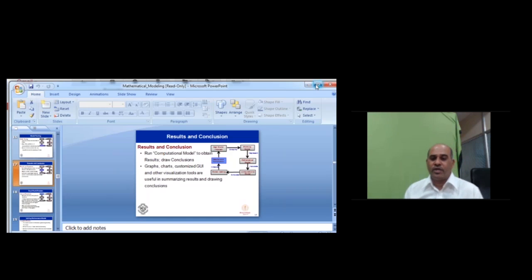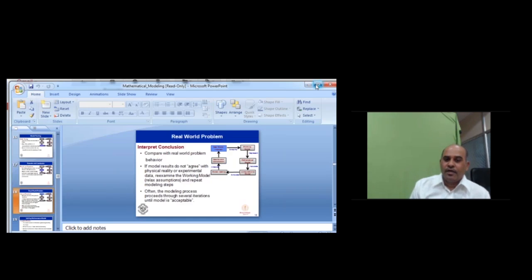After that, you interpret the conclusion and compare with the real world problem, how my boiler is functioning. Once I start my boiler, temperature starts increasing, heat is generated, and it will reach some saturation. This is the real scenario. Am I getting the same by solving my model?